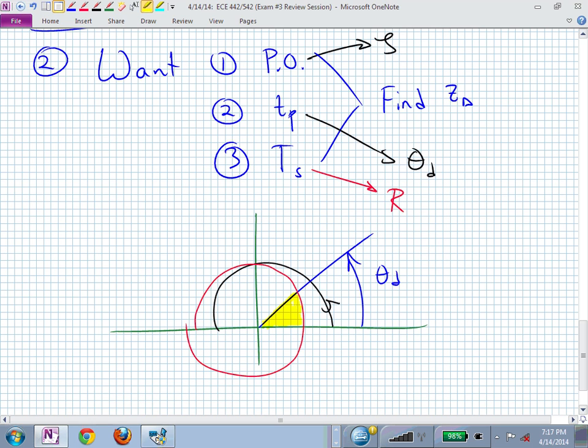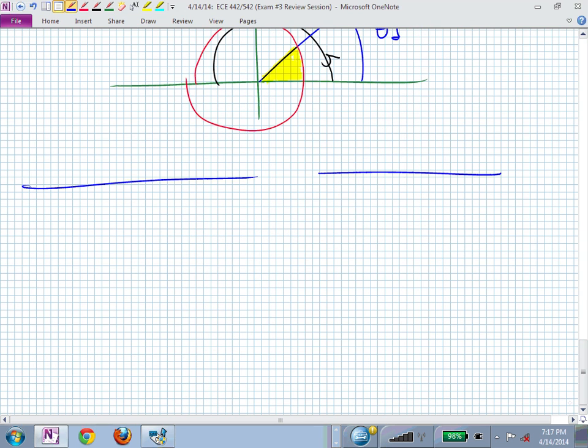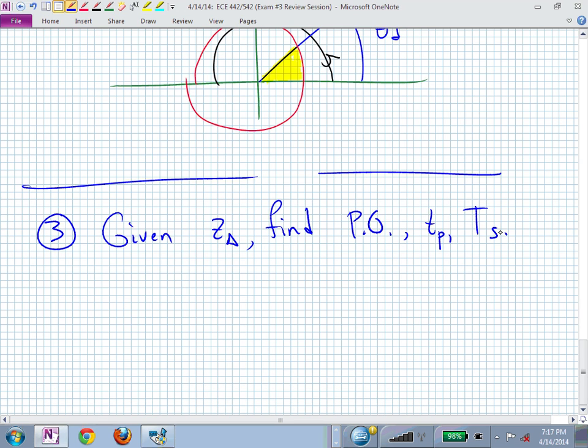All right, let's move on. Is everybody comfortable with this? So now you're given transient specs, and you need to translate those into regions in the z-plane. The third category or potential question, and I could give you all three, is given a z sub delta, now find the percent overshoot, the peak time, and the settling time.